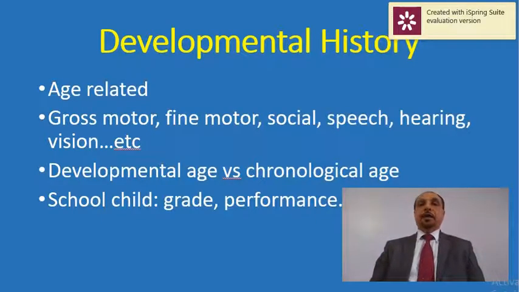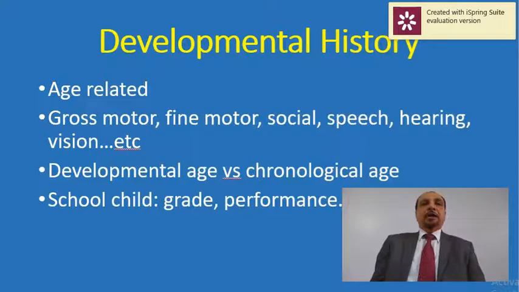That's why it's important to take this into account and to keep it in mind while taking the developmental history. But this developmental history is illogical if you have a child who is in school in 6th class, he is number 1, and his grades are very high.